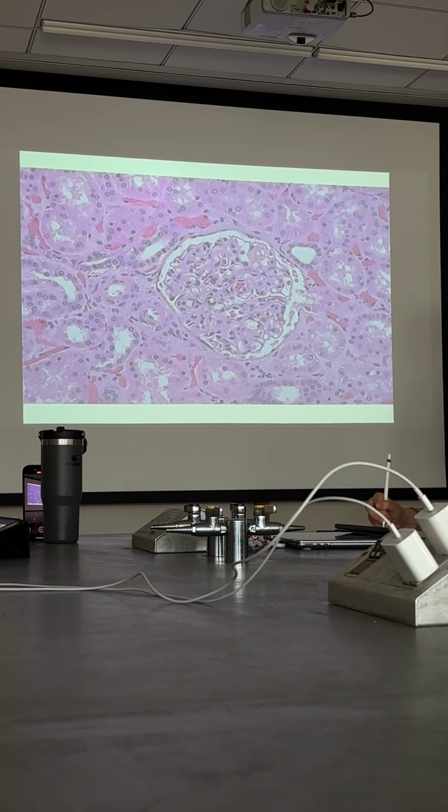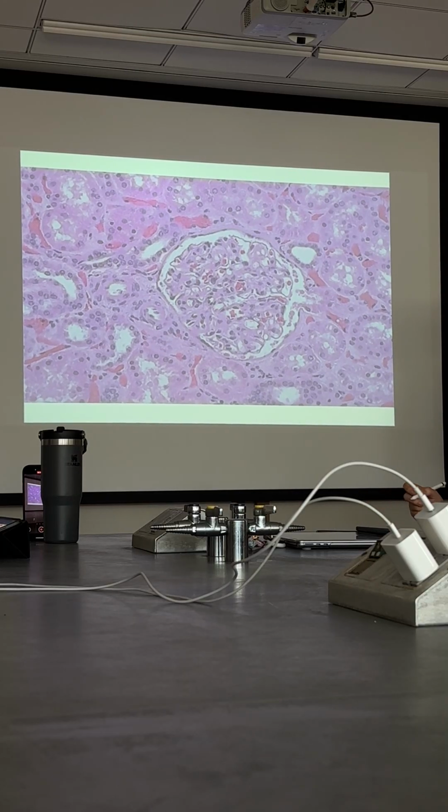How do you tell them apart? Well, PCT has microvilli lining the cells on the inside. And when you cut and make the microscope slide out of it, all those microvilli kind of die and they fill up the lumen.